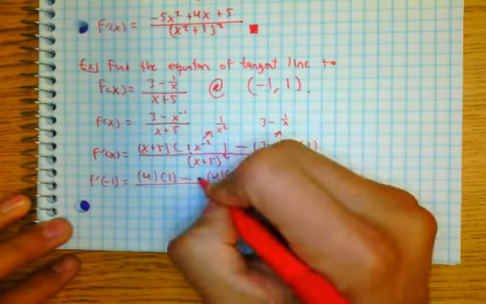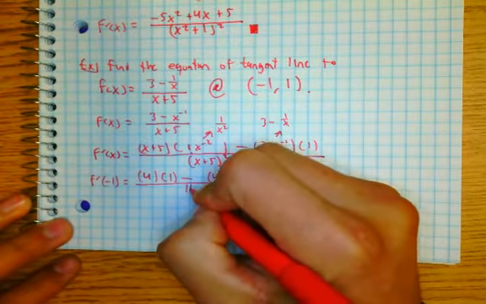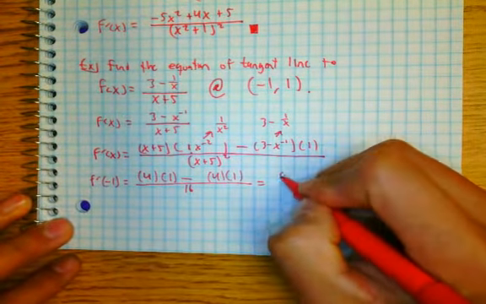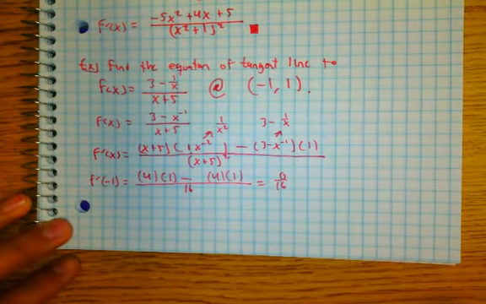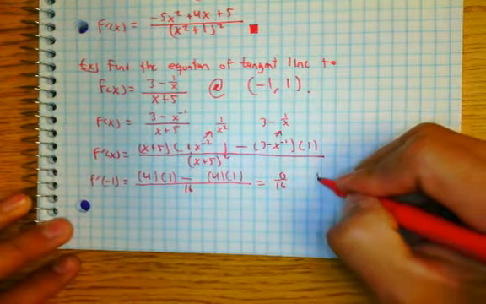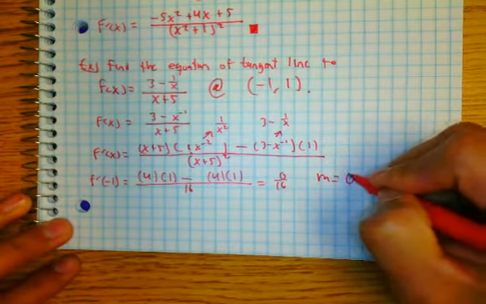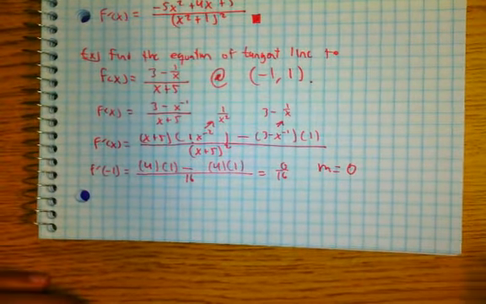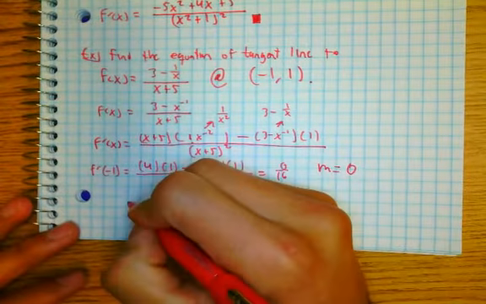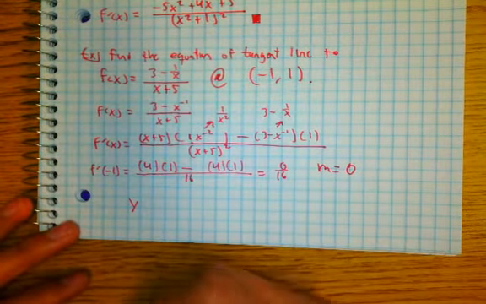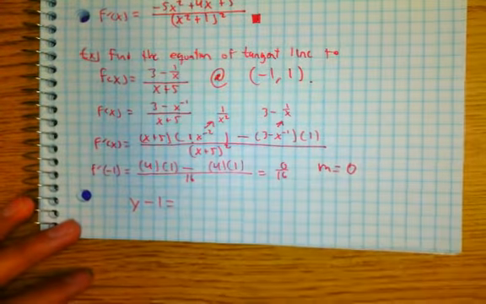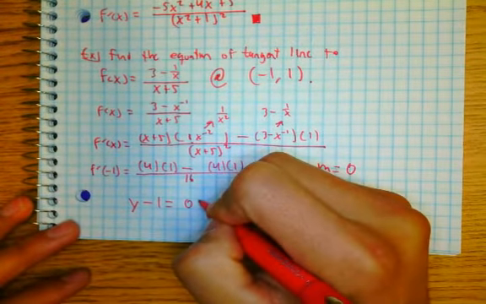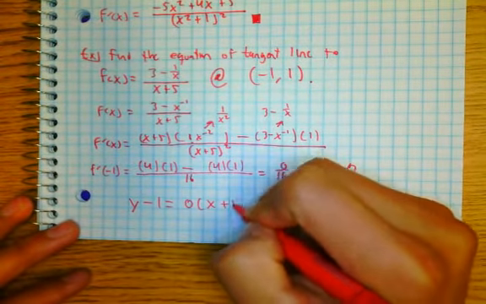Agreed? Now that I have my slope, I can use point slope form, and this becomes y minus 1 equals 0 times x plus 1, and I could leave it in that form. Or you will notice that that entire thing is going to cancel out. y equals 1 could also be your answer. Okay?